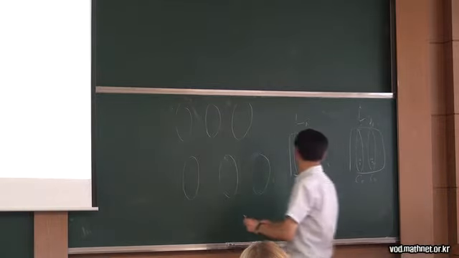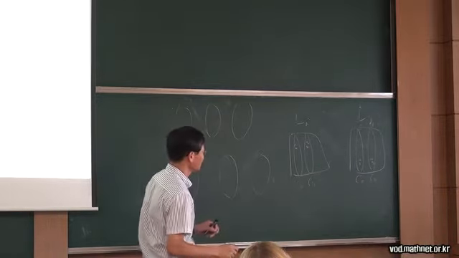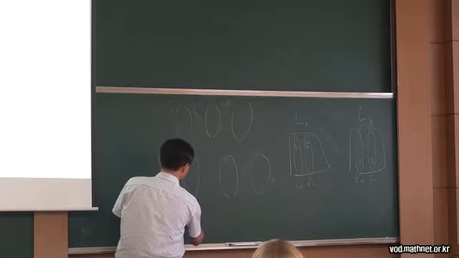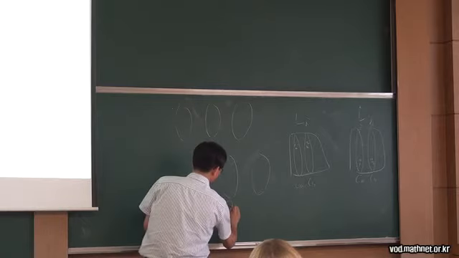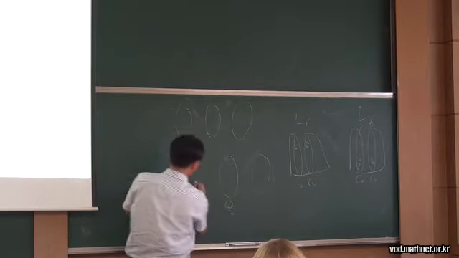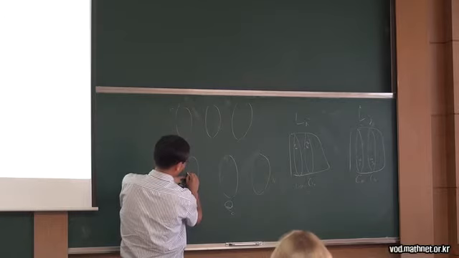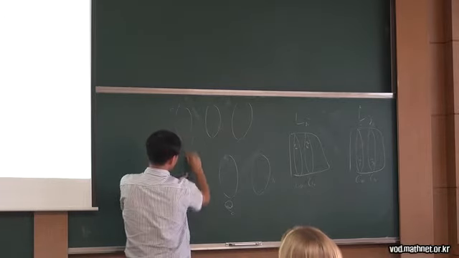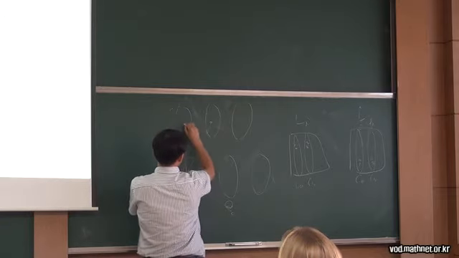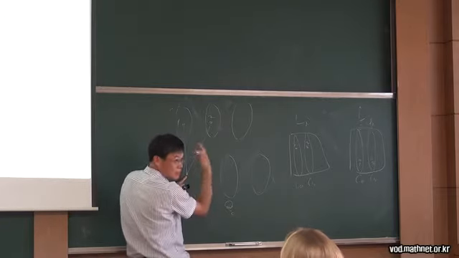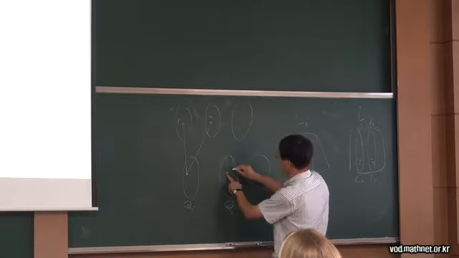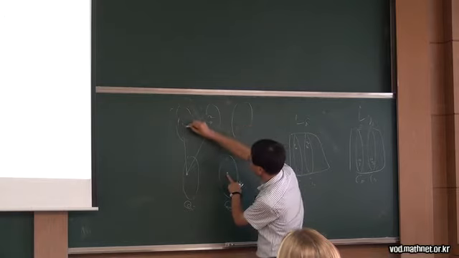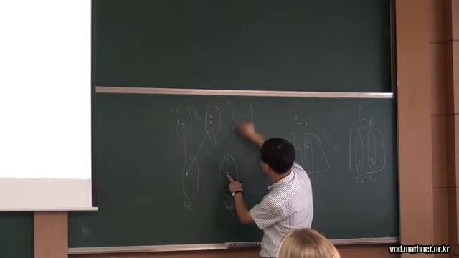This is QI, QJ. This means this vertex is adjacent to 1, 2 here in some sense. And this means this vertex is also adjacent this way.